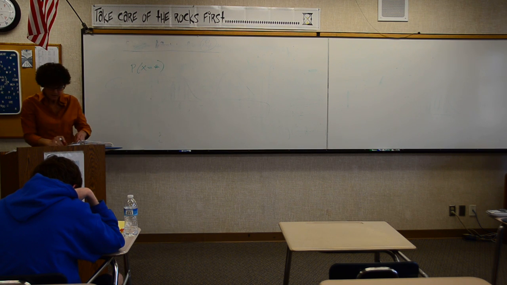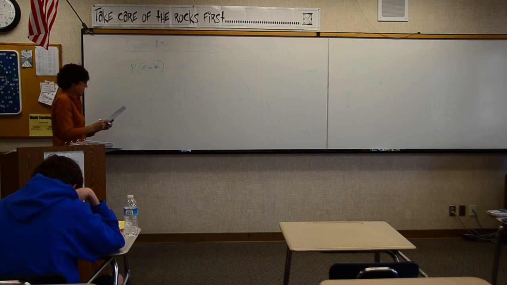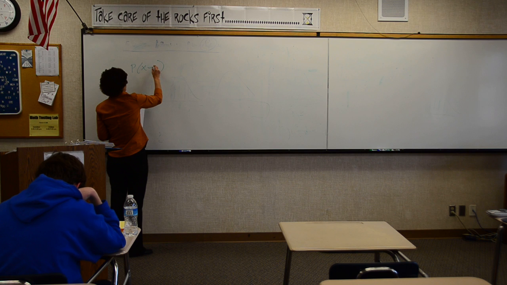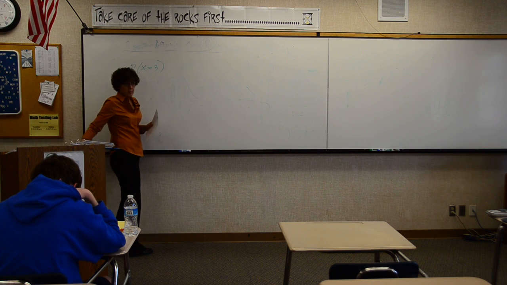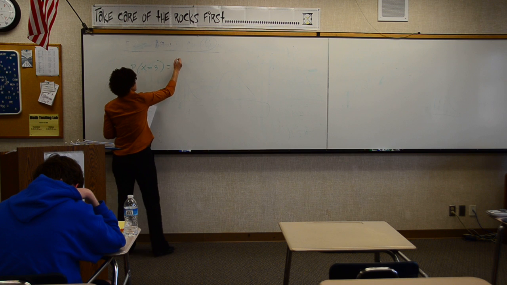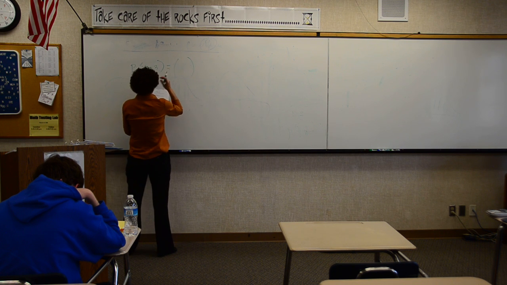I have a little x and a big X, so let's just use a 3. Probability that I get 3 successes is going to be the number of trials.